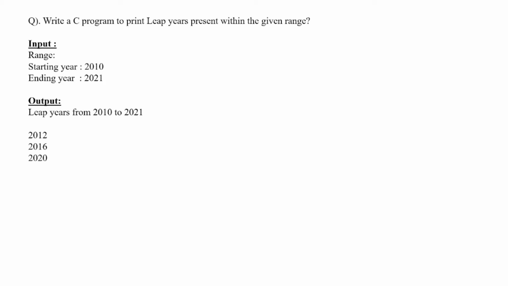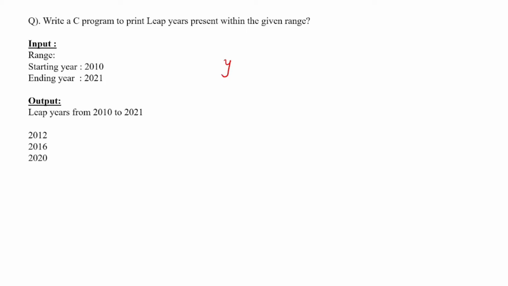Otherwise, non-leap year. The second condition is, if the given year is not a century, then you should divide by 4. If that year is completely divisible by 4, then that is a leap year. Otherwise, non-leap year.